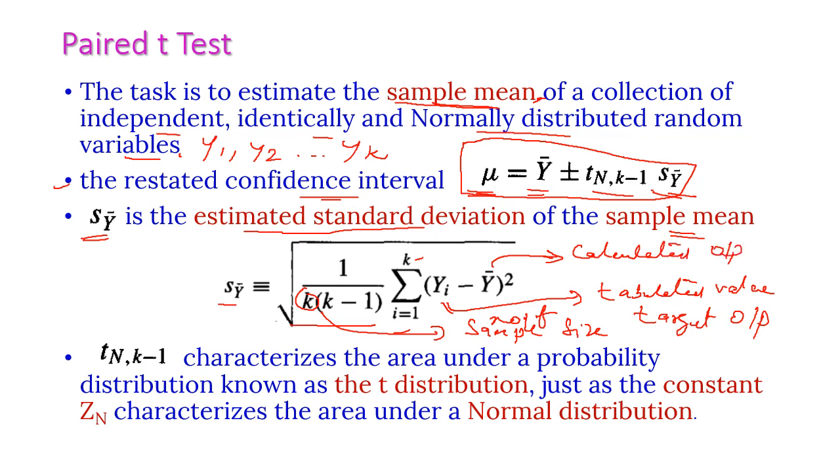We need to identify the difference between these two things. That is the estimated standard deviation of the sample mean, and then this particular term, t n comma k minus 1. Now we know n is the confidence percentage, and k minus 1 is based on the sample size, the number of samples.